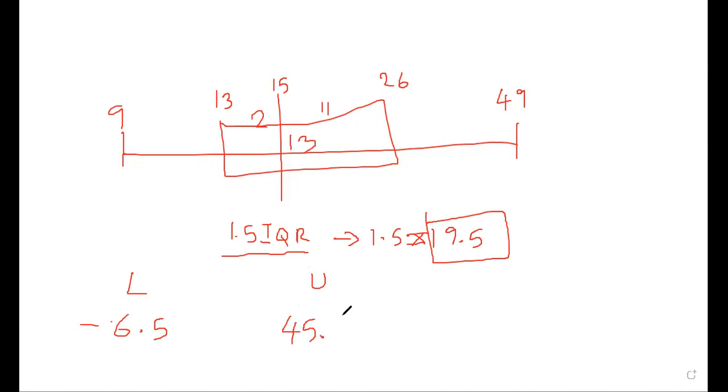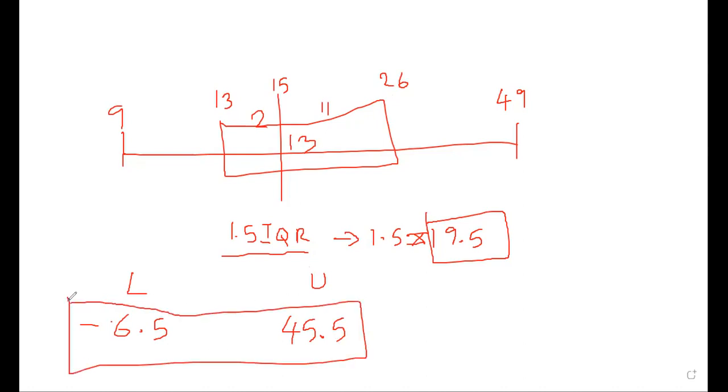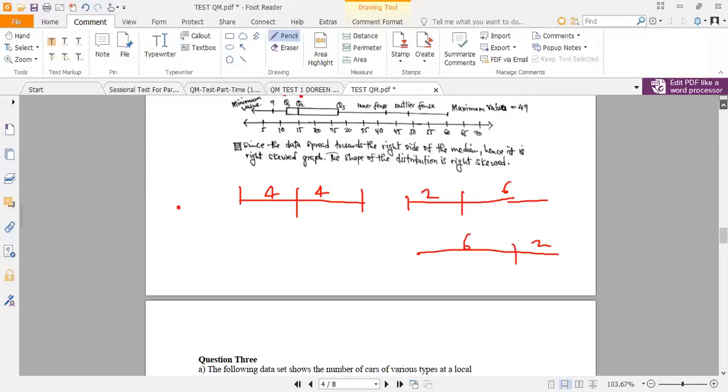So now, when we go to our range, the numbers that are outside these limits are called outliers. Our lowest number was what? 9. Our highest number was what? 49. Already 49 is outside this range, right? It's an outlier. Which other numbers are not captured in here? Let's go to our range. Which numbers besides 49?